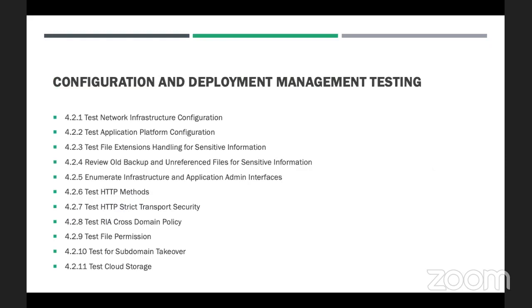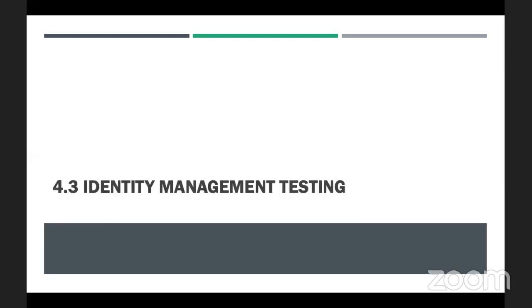Now, once we have tested the configuration related issues, what else can we test? Are there any low hanging fruits, or when we check the application, what are the things that play a very important role? Another important piece is identity management testing, like whether those identities exist in the organization or not.